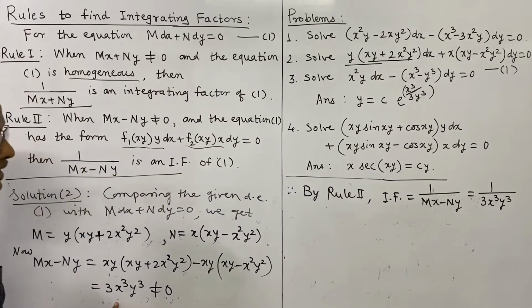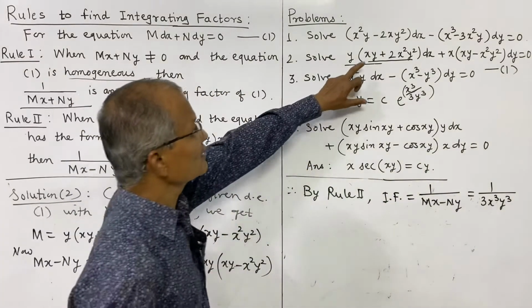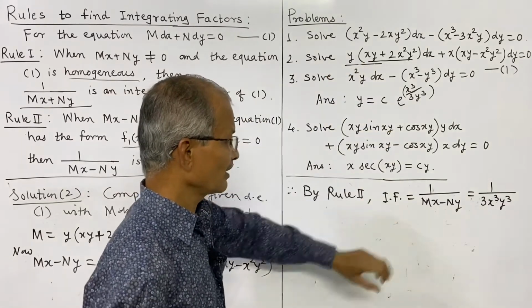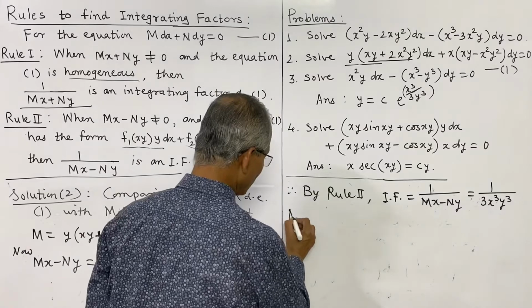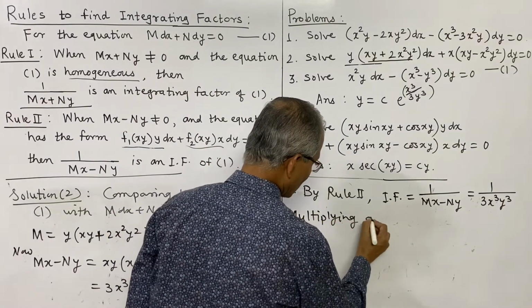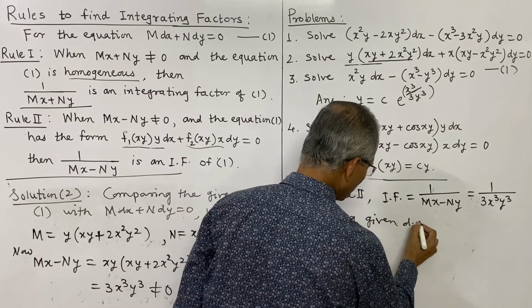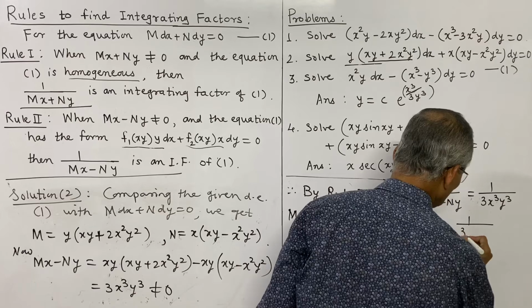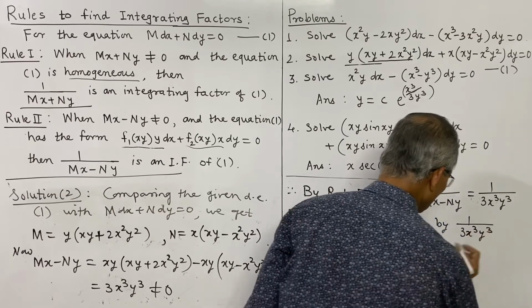See this, and thus we multiply this second equation, the equation in second problem, by this integrating factor, multiplying given differential equation by this integrating factor 1 upon 3x cube y cube, we get.